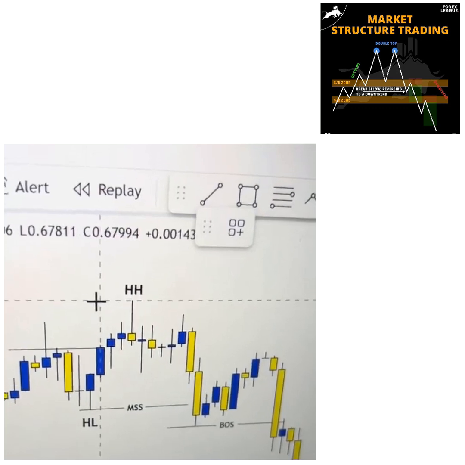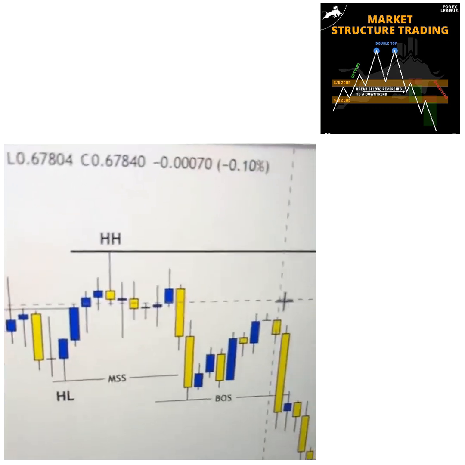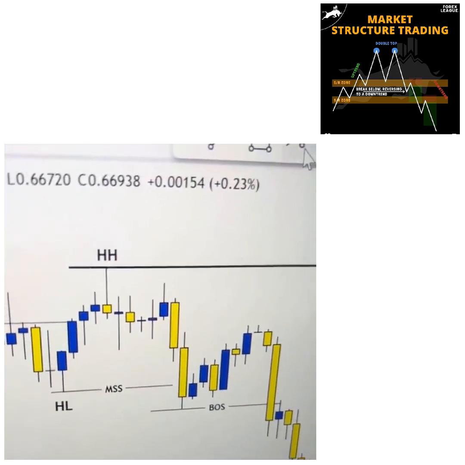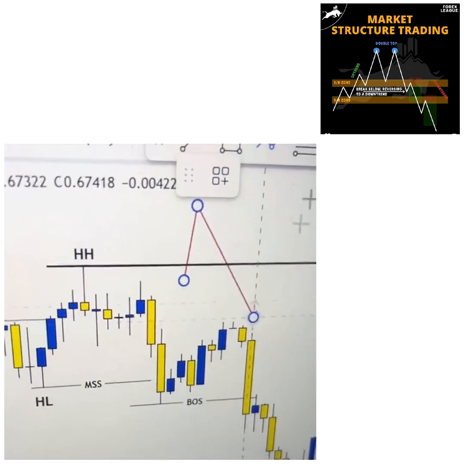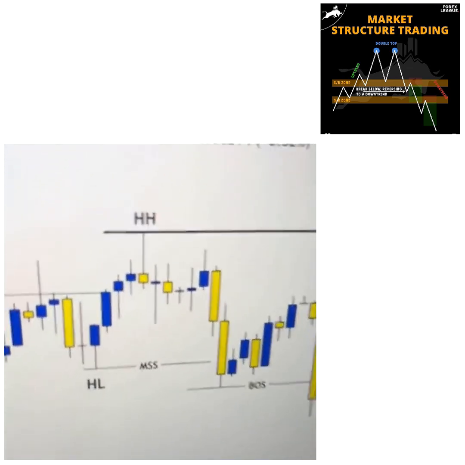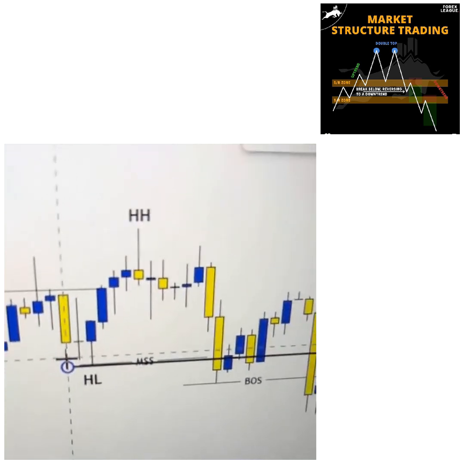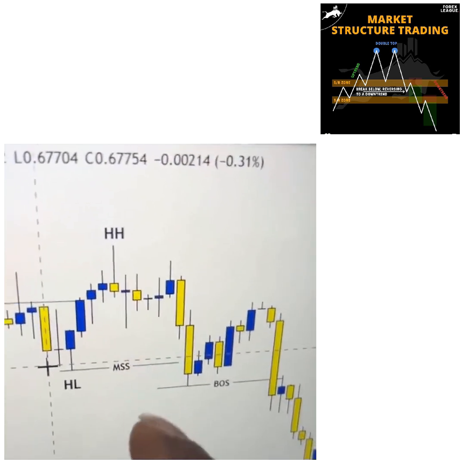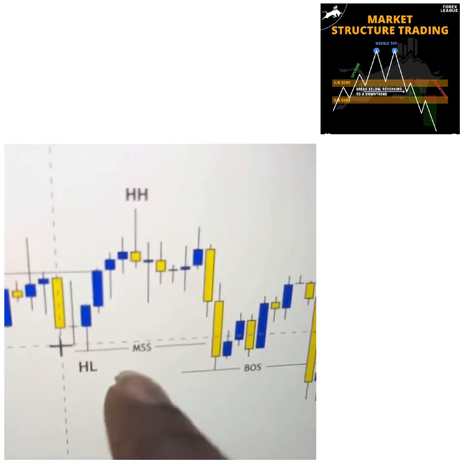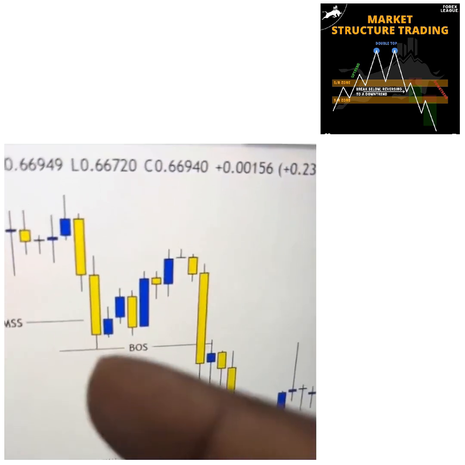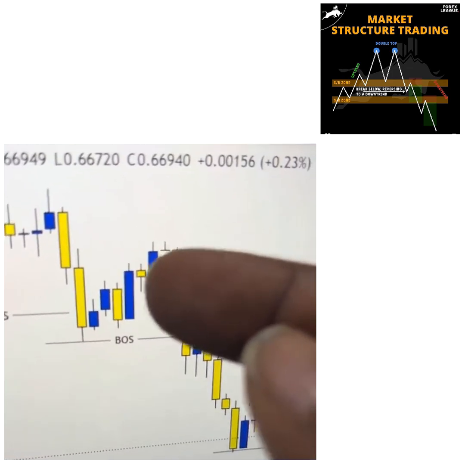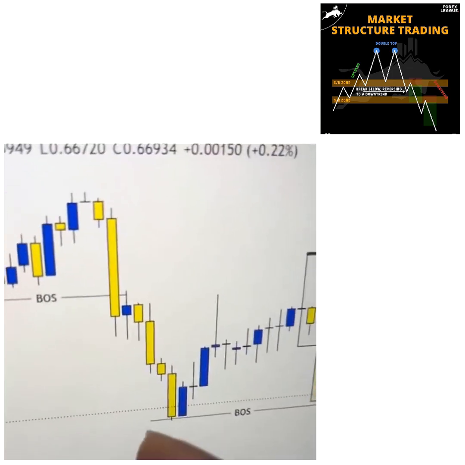Assuming the price wants to continue up, it would push up like this, come back, and continue going up. But instead, it went down and broke this low. If you are using my strategy, this confirms that price wants to go down. It gave us a market structure shift. Now this time around, it gave us a lower high, pushed down, lower low.